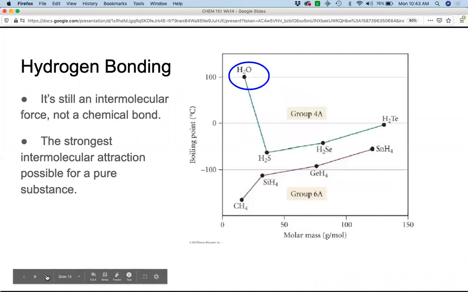So why do we care about hydrogen bonding? Well, it's still an intermolecular force and not a chemical bond, but it is the strongest attractive force for a pure substance. So let's take a moment and I want you to analyze the diagram or the graph that you see in front of you.